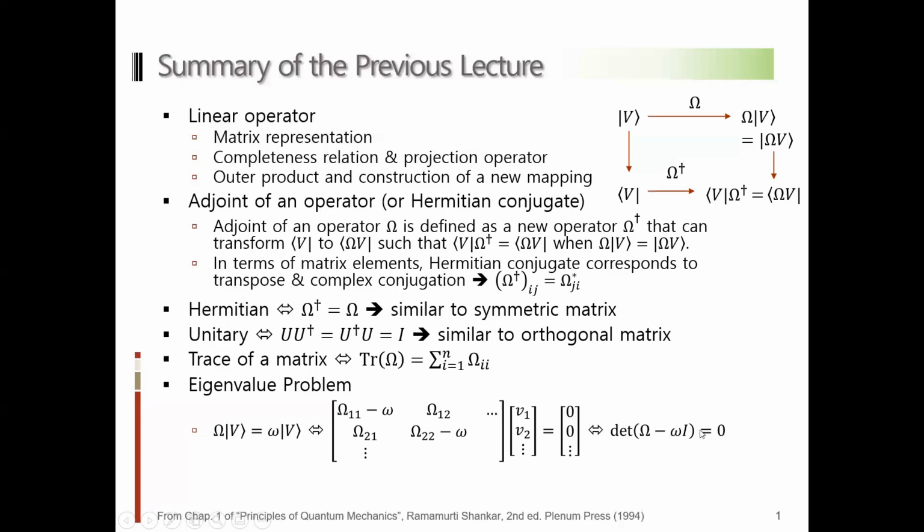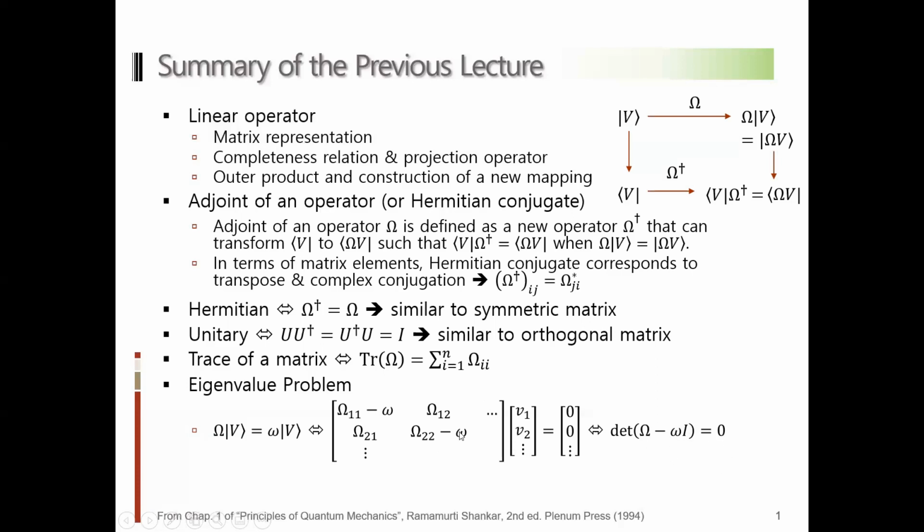So by requiring that the determinant of this matrix becomes 0, we should be able to find the omega, which is the only unknown variable in this problem.